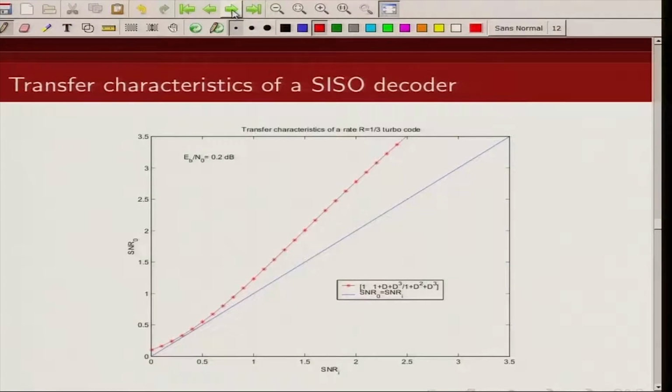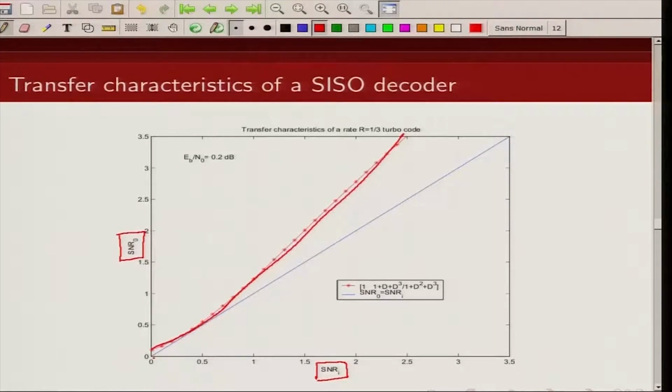So, here I have plotted with a red curve the transfer characteristics of one such code. It is an 8 state code. What I have here on the input side is the SNR of a priori information, and on the output side the SNR of the extrinsic information.